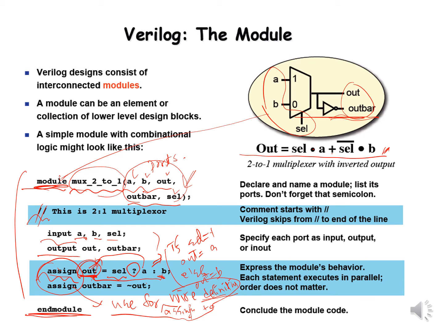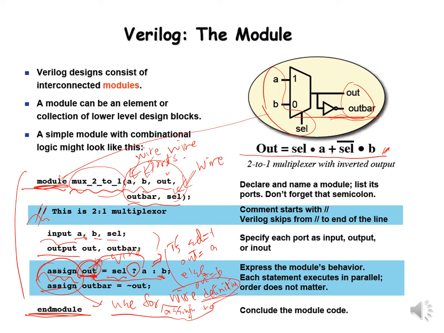So here, the input signal is by default defined as a wire signal. This is the property of the signal type, and out is also a wire. So for input and output, if you didn't specify the signal type, then by default the signal type is wire, so you can use that assign statement.